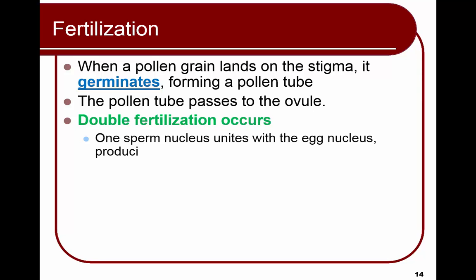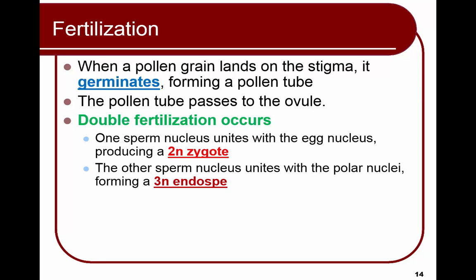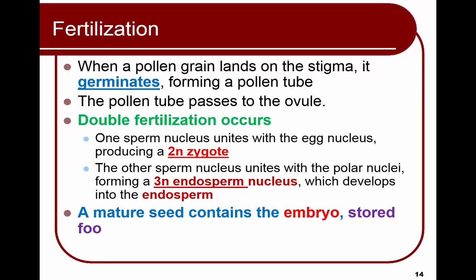One of the sperm nuclei unites with the egg nucleus, and that makes the diploid zygote. The other sperm nucleus unites with the polar nuclei, and that forms a 3N, a triploid endosperm nucleus, and that will become the endosperm. So the mature seed has the embryo, the stored food, the endosperm, and a seed coat.